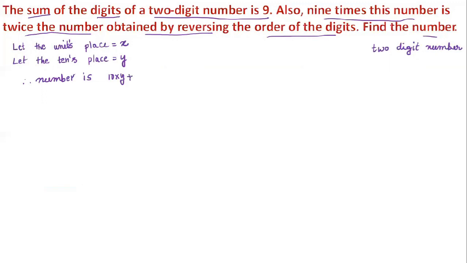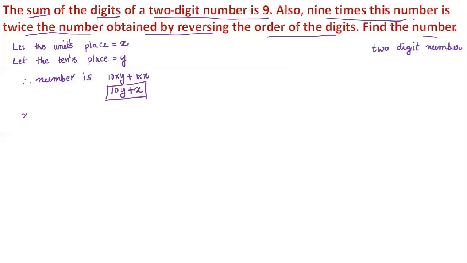So the number is 10 into y plus 1 into x, because x is the units place into 1, y is the tens place, so y into 10. So 10y plus 1x, it is equal to 10y plus x. Now our number is 10y plus x. Digits are x and y. Number is 10y plus x.